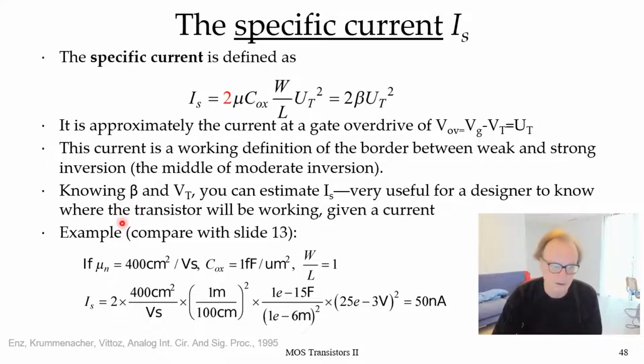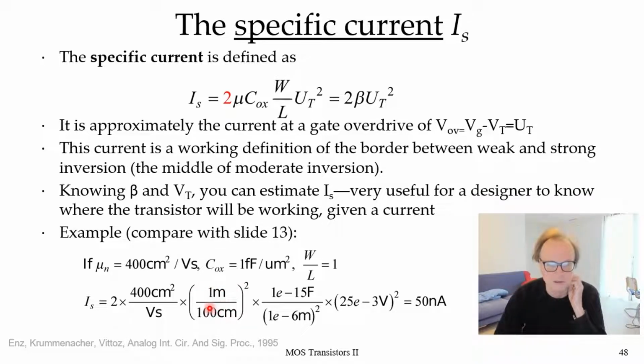So for an example, you can compare with the data that was shown from the Lab 2 experiment. If the mu-n is 400 centimeters squared per volt second, and the Cox is a femtofarad per square micron, and the W over L is 1, then we can estimate that IS is 2 times 400 centimeters squared per volt second times the W over L. Well, we have to convert here from centimeters to meters, right?